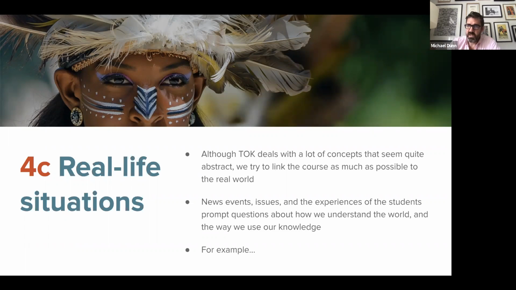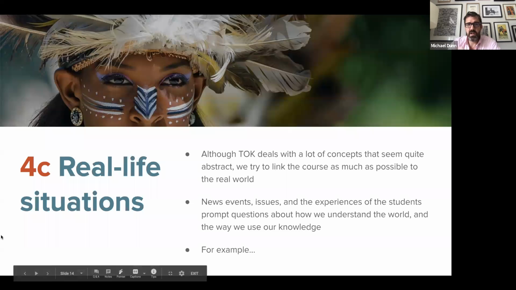So anything that's real, anything that prompts a question, anything that makes us think, anything that we want to find out more about. So these are what real life situations are. So let me give you some examples of the kind of real life situations that we're interested in TOK and that link to language acquisition.